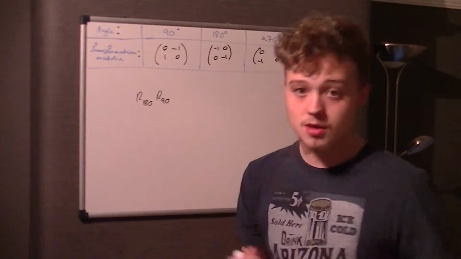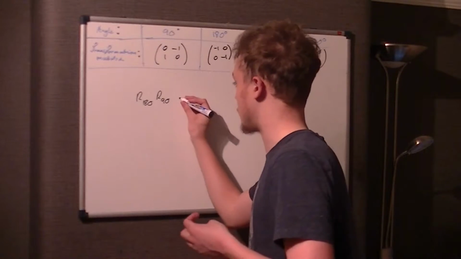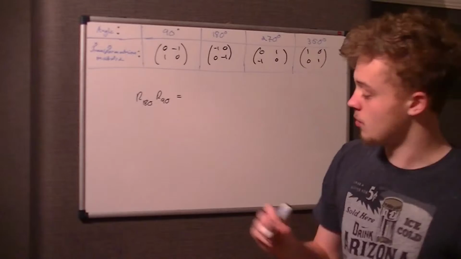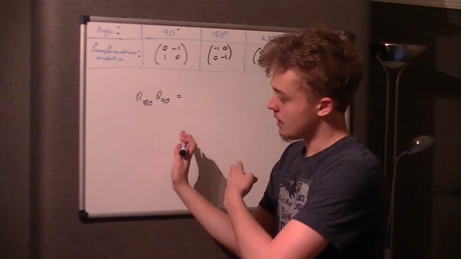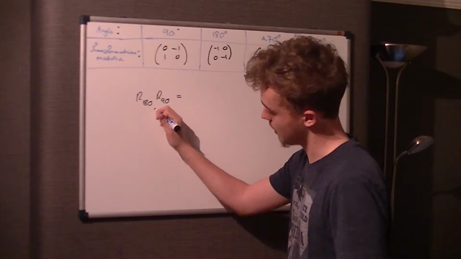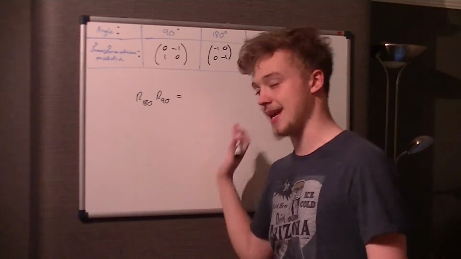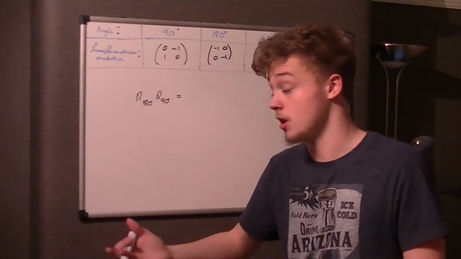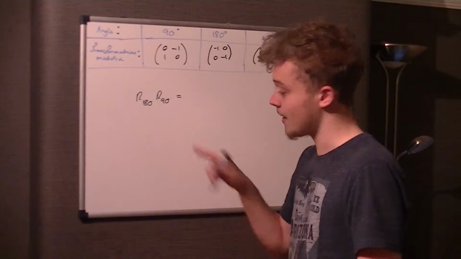So you do a rotation of 90 degrees followed by a rotation of 180 degrees. So it's almost like reading, instead of normally reading left to right, it's reading right to left. So you do the rotation of 90, then 180. So basically you do a back to front list, in order, of the rotations you're being told. So it's rotation of 180 followed by 90.